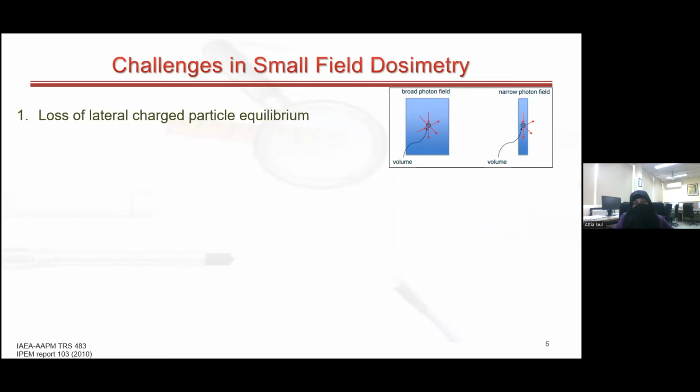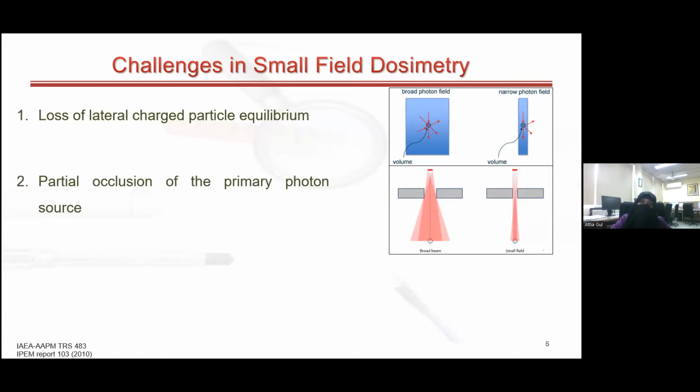As we all know, existence of lateral charged particle equilibrium is the basic condition for doing dosimetry, and all theorems and laws like Bragg-Gray cavity theory are valid only in the presence of lateral charged particle equilibrium. But in small fields, we lose this condition, and we don't have lateral charged particle equilibrium. This is a general challenge.